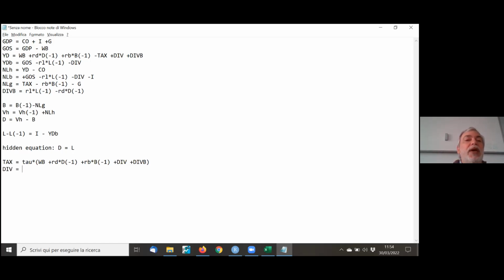The dividends paid by the business sector have to be a fraction, let's call this sigma, of the profits net of interest payments on previous loans. So this sigma will determine the retained profits as a share of total profits.